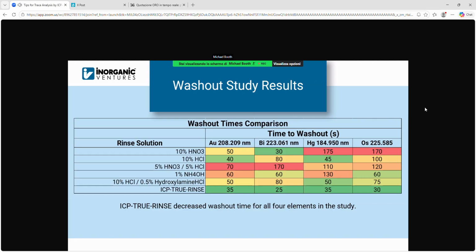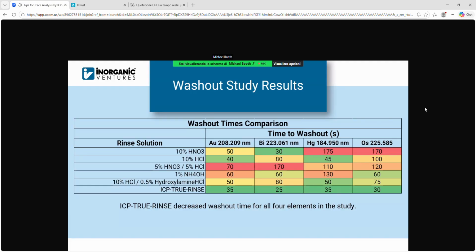But if you compare that to 5% nitric, 5% HCl, and ICP True Rinse for bismuth, you see a big, big difference there. Same thing for osmium, same thing for mercury. Mercury, you can tell in this slide, had a lot of data points that were pretty high time-wise, again, to get back to full baseline after introducing a high concentration.